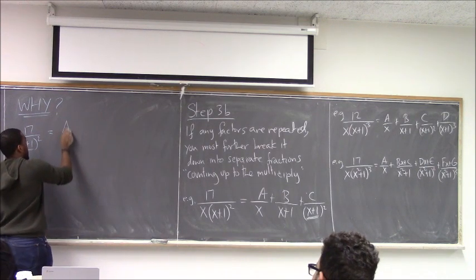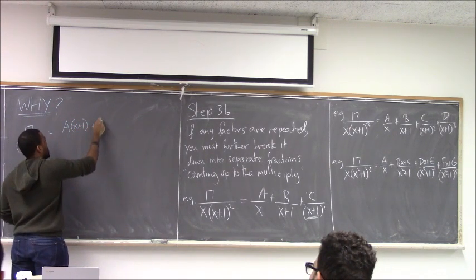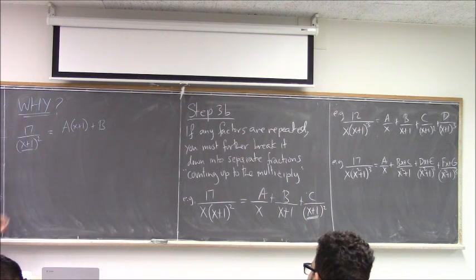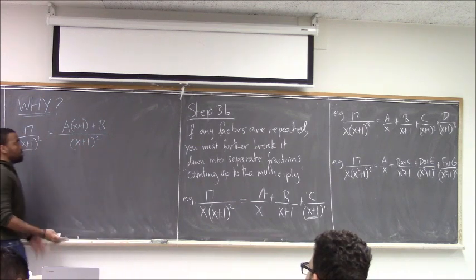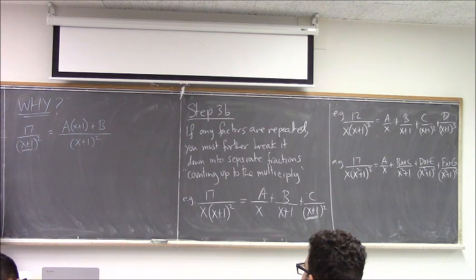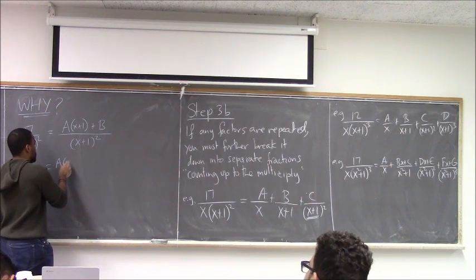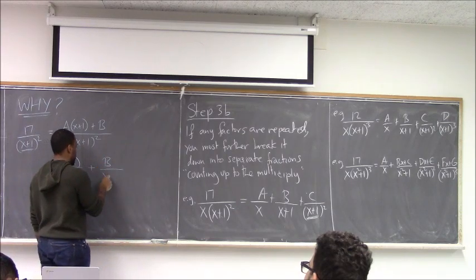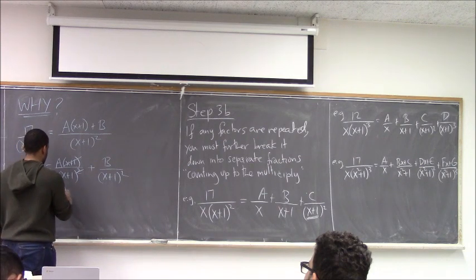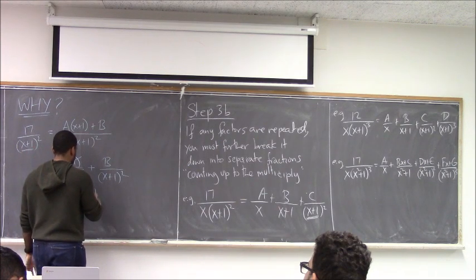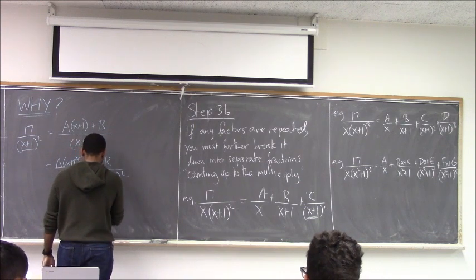So I write A times x plus 1 plus B. So I don't just write Ax plus B, I write that whole thing, because my hope is that will make it simplify. I just shift the x to coincide with the denominator, because hopefully things are going to cancel down the road. And then this will actually break up. Now, of course, this cancels that. We'll get A over x plus 1 plus B over x plus 1 squared.